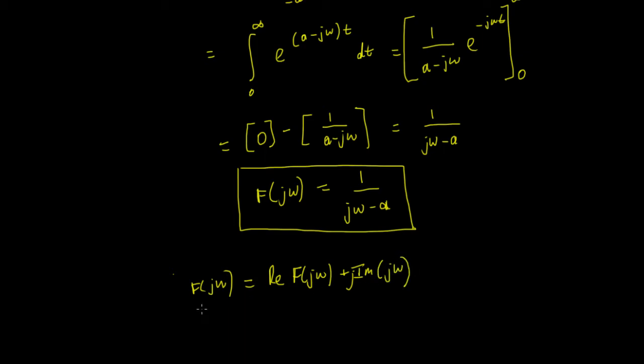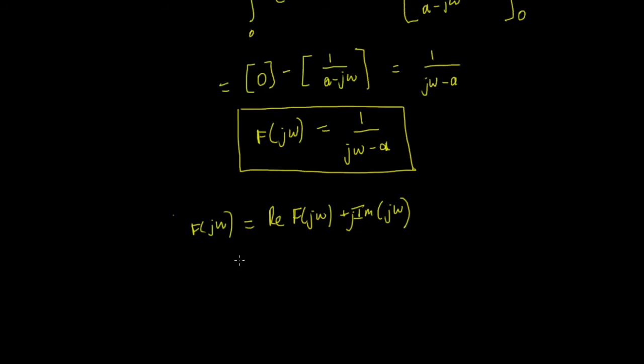Now we can find that out from this if we multiply by the complex conjugate. 1 upon j omega minus a, if we multiply that by minus j omega minus a upon minus j omega minus a.